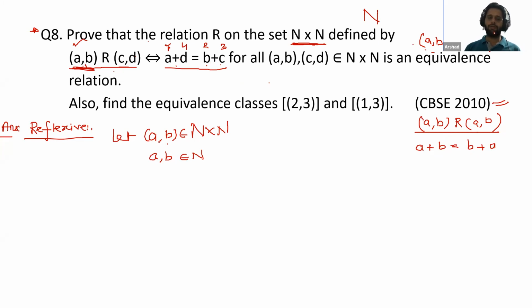Now what we have done here, we have assumed a comma b belongs to N cross N, and we have said that a, b belong to N. This is okay. Now we need this one. So if we write a plus b is equal to b plus a, then this is correct, because the same values are on the left side and on the right side.